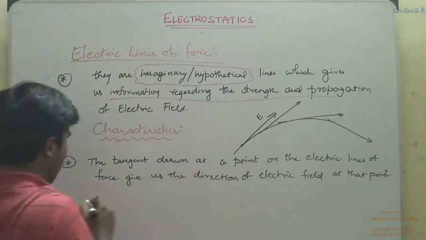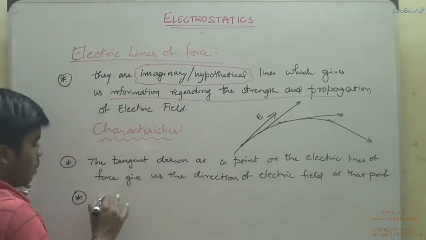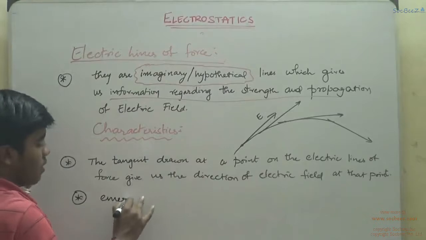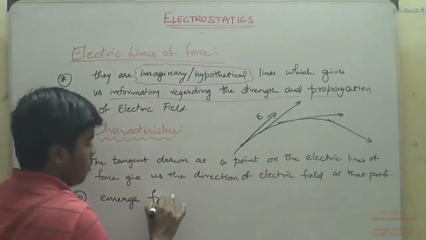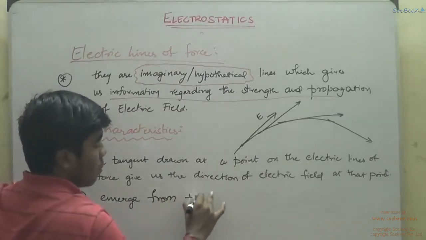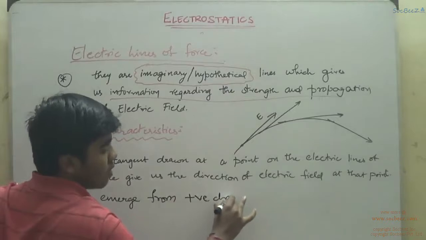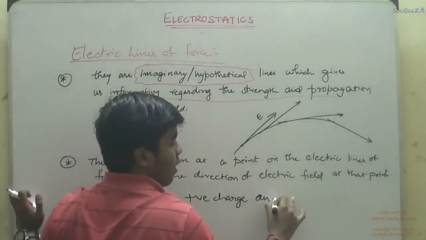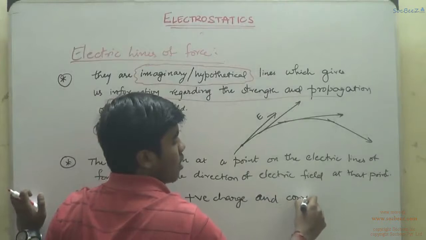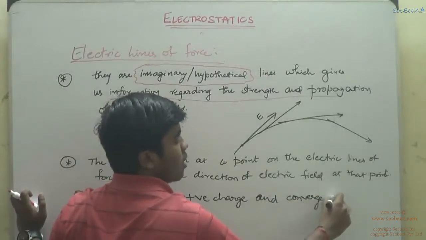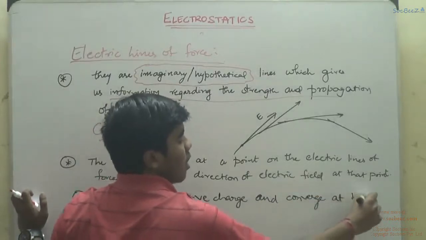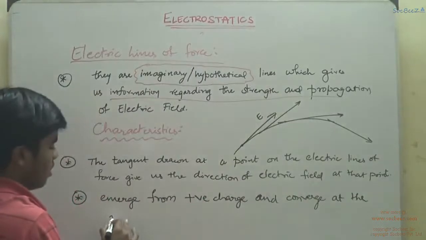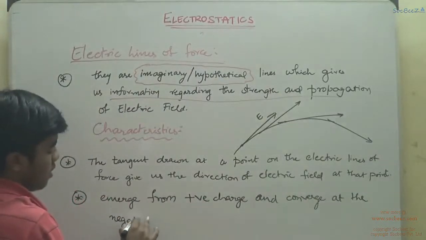So these lines basically emerge from positive charge and converge at the negative charge.